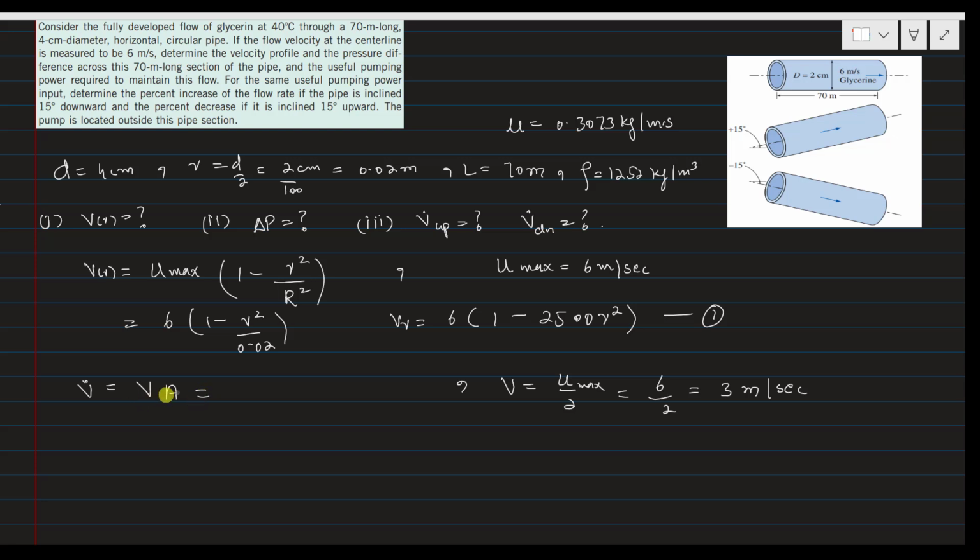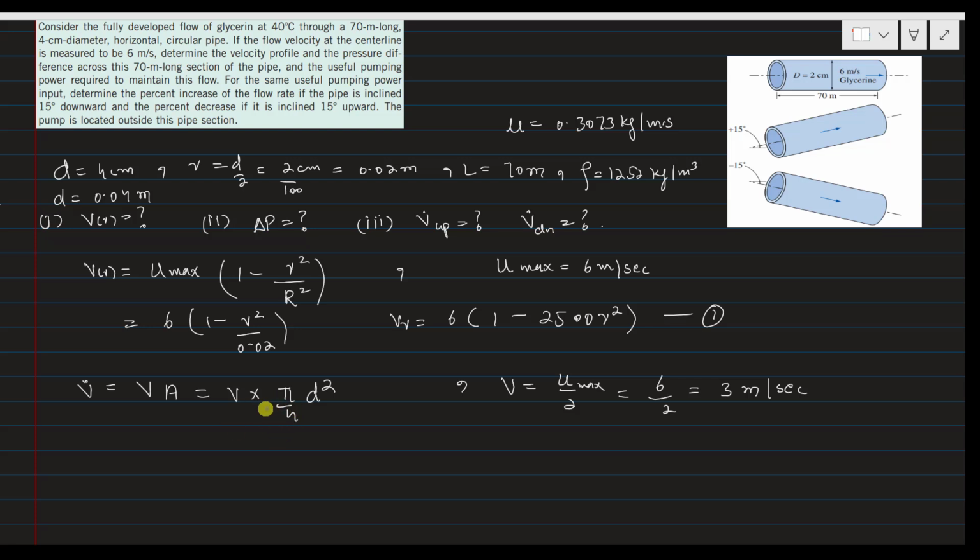So the volume flow rate V dot equals V times area, and the area is pi by 4 d square. What is the diameter? That is 4 centimeters. To convert into meters, divide by 100, so it will be 0.04 meter.